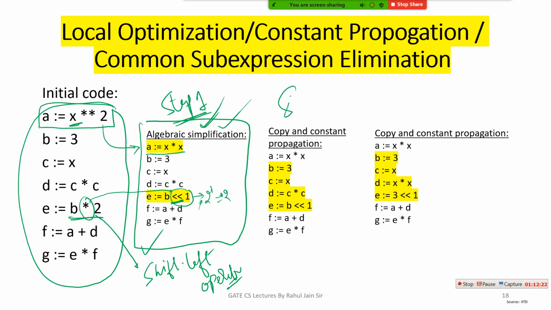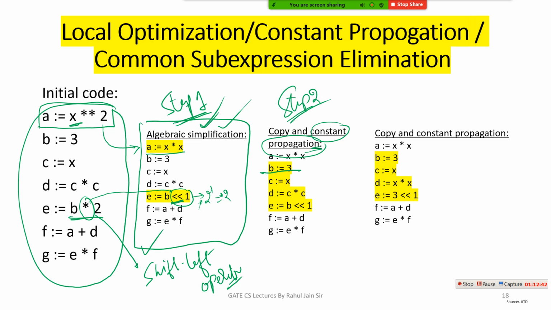Now in step 2, the next step, what I am doing is copy and constant propagation. Whatever constant propagations are there, I am copying them. So focus, this is the constant propagation, that is b equals 3. It is my constant propagation.